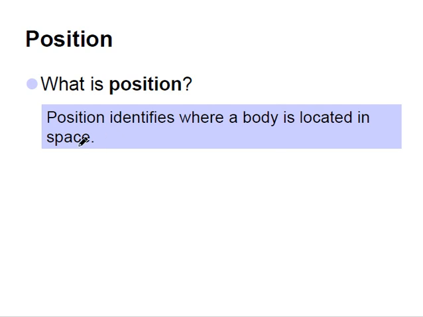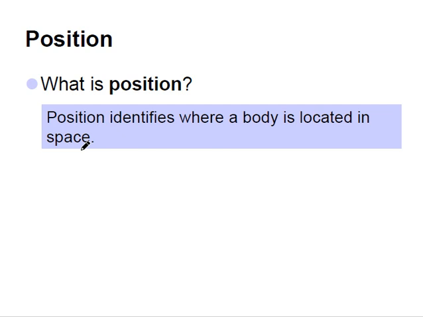Right now, this space is not the space outside. It is a narrowed-down space that we are studying within that coordinate system. So the position defines where a body is located in space from the point of view of dynamics.